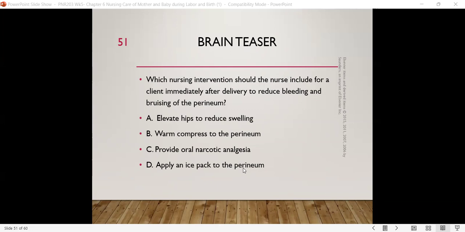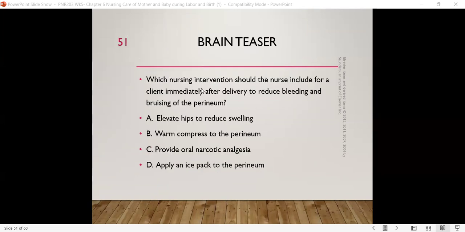Now, just giving oral narcotic analgesia, it's going to wear off. It's not going to take the swelling down, and it's not going to take my bruising down. So, a warm compress, you want to put ice in the first 24 hours because ice is your best anti-inflammatory. Then after 24 hours, you could now go to the sitz bath, which will have warm water, and that would be nice.